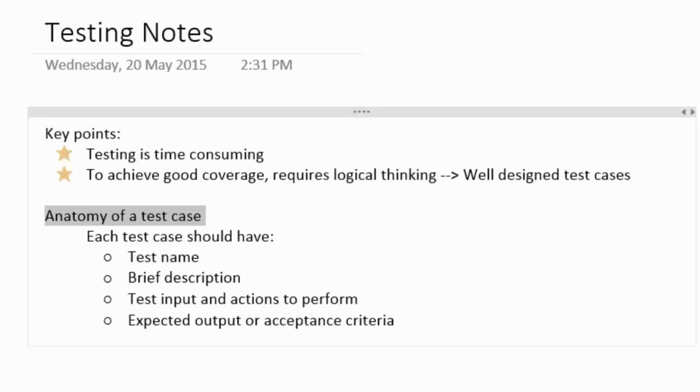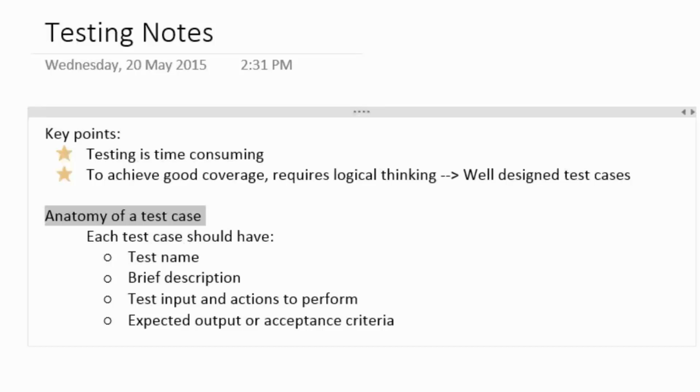Okay. So if we ask someone to execute a test case, they need to have criteria which allow them to determine whether that test case was completed successfully or unsuccessfully. Okay, so this is defined in the expected output or acceptance criteria.